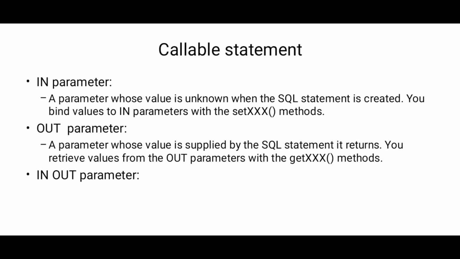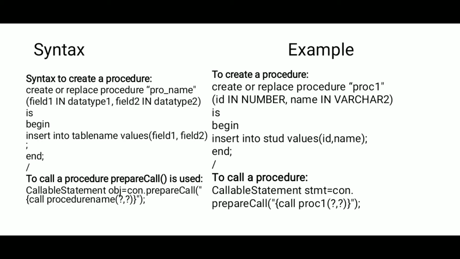So these are the different types of parameters available when you work with functions and procedures in the database. Now the syntax is this, and that is how you can create a procedure in the database. First of all you have to write create or replace procedure, then give the procedure name, and then define the field types that you want to give as parameters.